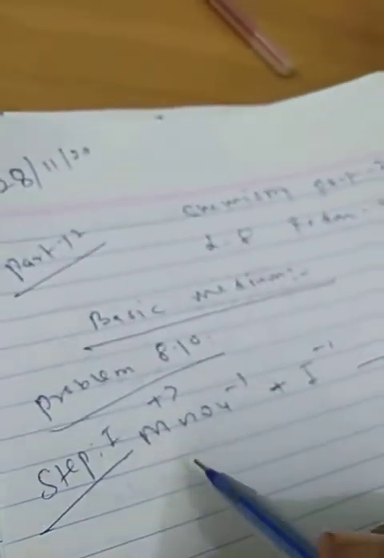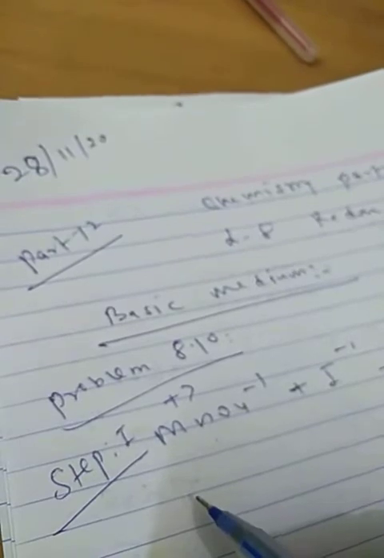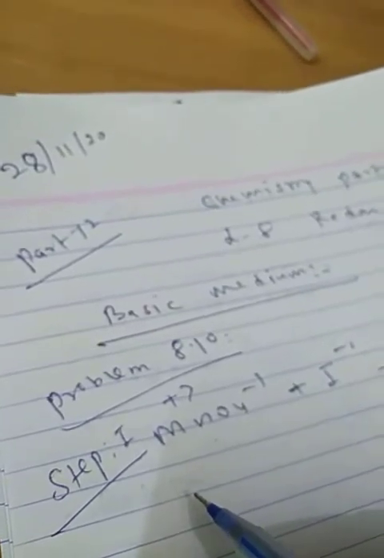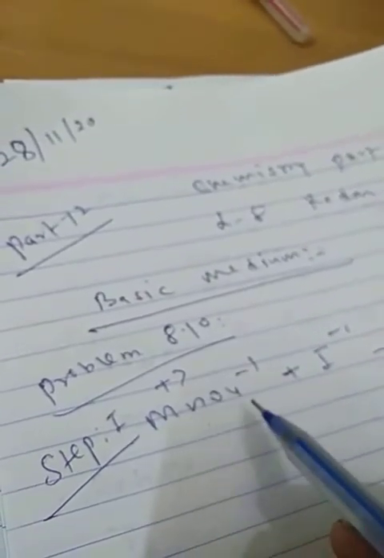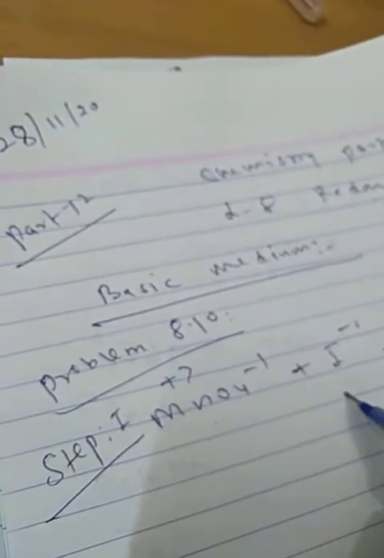Write a balanced equation. First we write the skeleton ionic equation: from KMnO4 we write MnO4 minus 1 plus the iodide ion, giving I2 and MnO2. Now step 2 we are doing with the half reaction method.